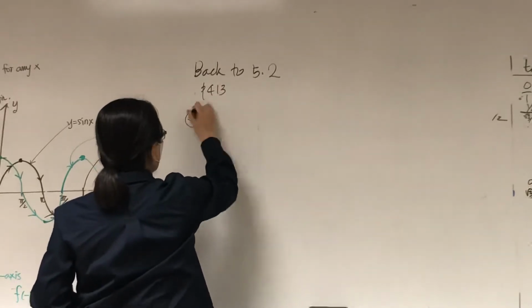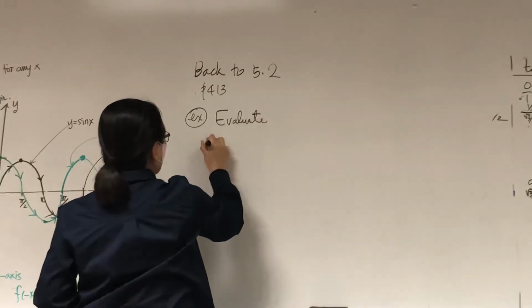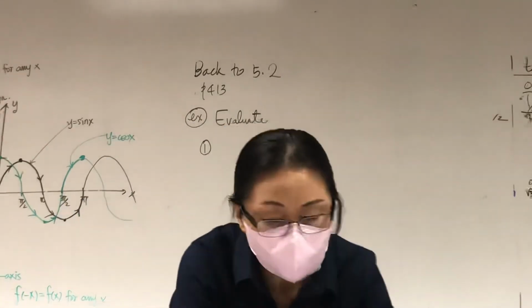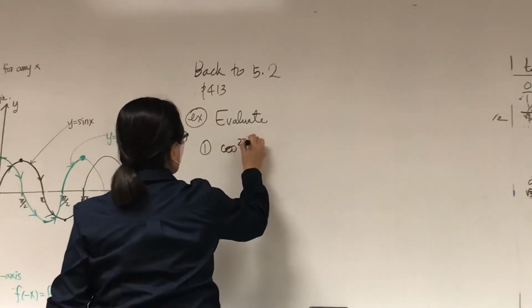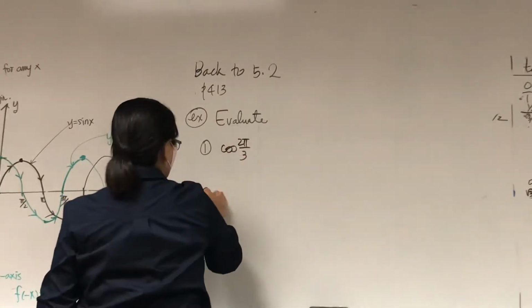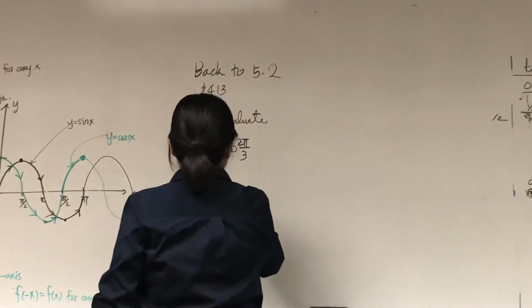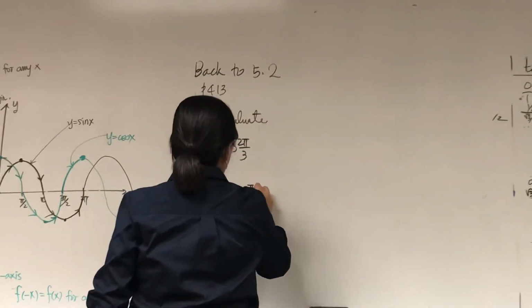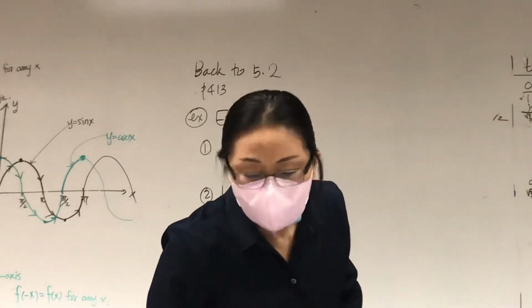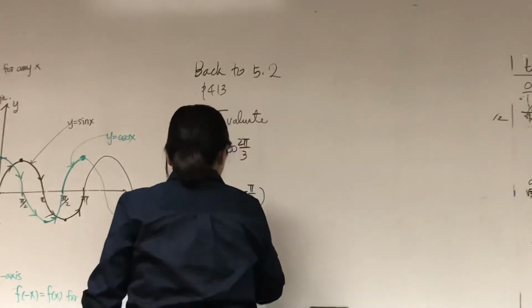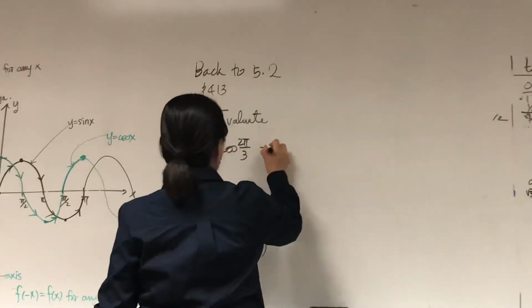Example: evaluate cosine, tangent, sine of 19 pi over 4. Okay, let's go.